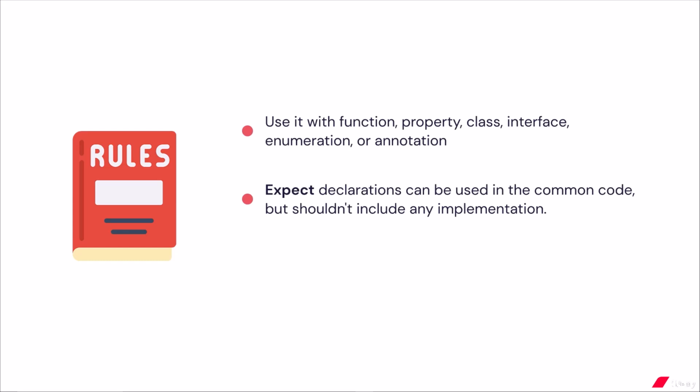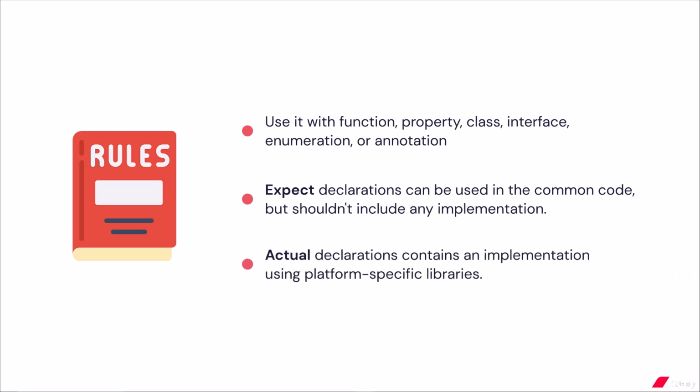Instead, the platform-specific code provides this implementation. And the platform-specific code is declared in a platform-specific source set. The only difference is that in a platform-specific source set, we use the actual keyword instead of expect, because here we need to define the actual implementation.